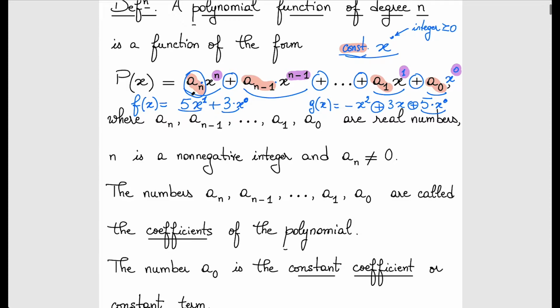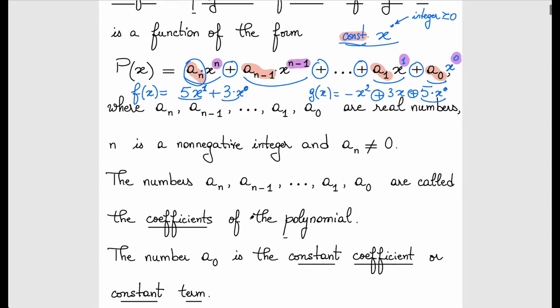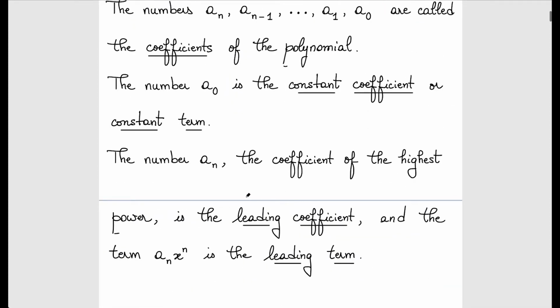The term which has the highest power. Okay, so that coefficient is called the leading coefficient, and the term a sub n x to the n, the coefficient together with x to the highest power, is called the leading term. So the leading term is the term which has the highest power.